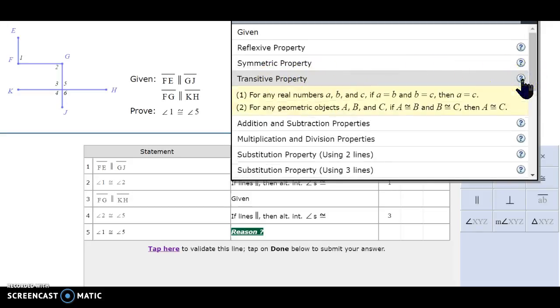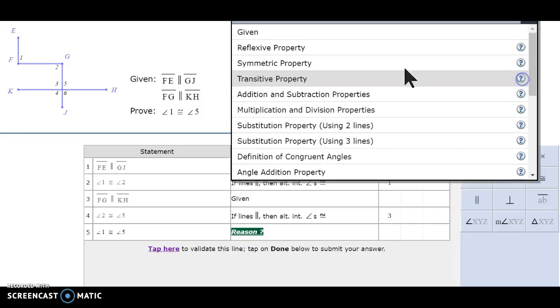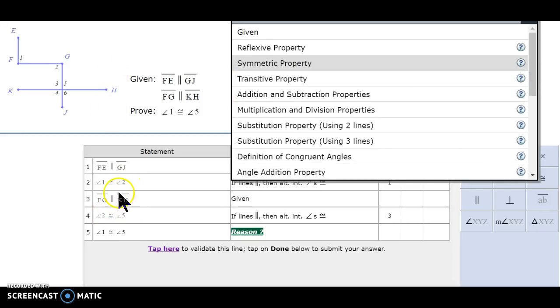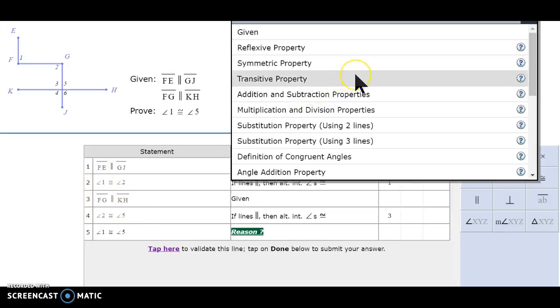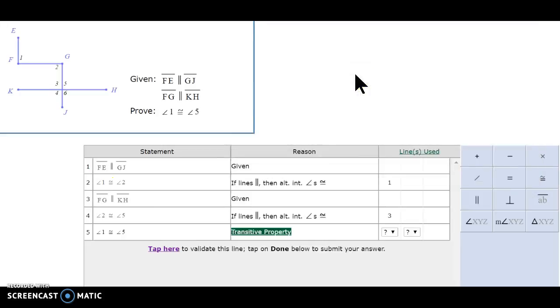You guys know what transition is. Transition means we kind of make a pit stop and then continue, right? So in this case, angle 2 is sort of the pit stop. And when we continue, we can connect 1 to 5. So I'm going to choose transitive.